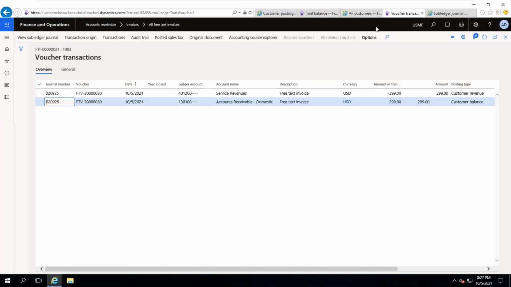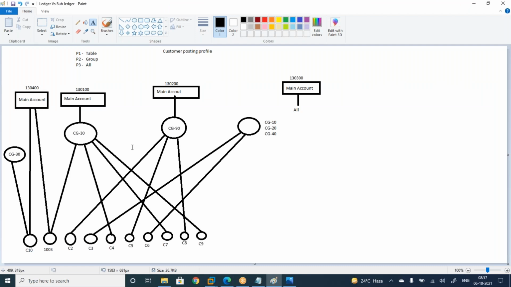Can you please explain the mapping? So it will always check whether the customer is linked to the ledger account directly. That is table level. If it exists, it will post to this account. If this linkage is not there at table level, then it will go for group level and post to this account. If this group is also not mapped, then it will go for the remaining all option and post to this account.